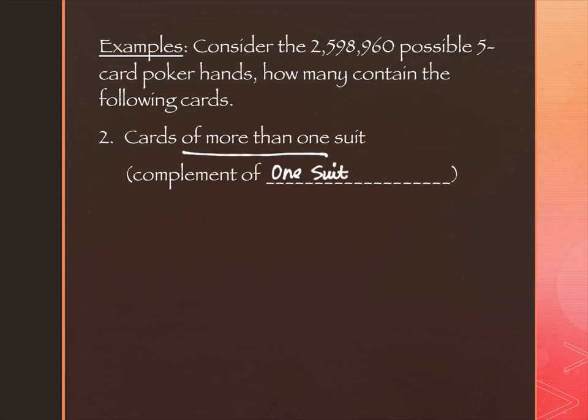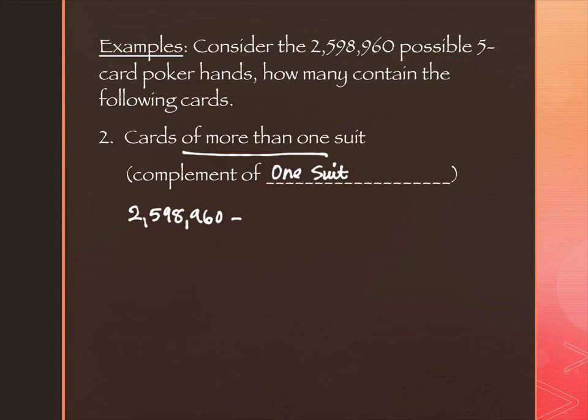So we have that same 2,598,960 at the front. And then we want to subtract the number of ways of getting only one suit.